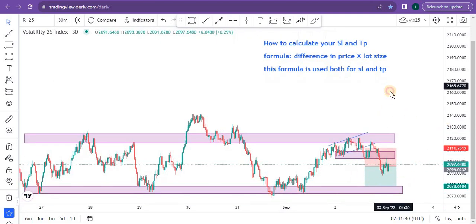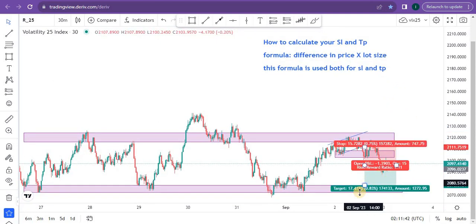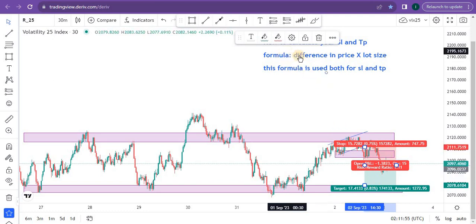So for the TP, your difference in price is going to be 17.41333. It means that you're going to multiply this one also with your lot size, which is still the formula, difference in price times lot size. So this formula is used for both SL and for TP. All you need to do is copy this particular figure here and multiply by your lot size.